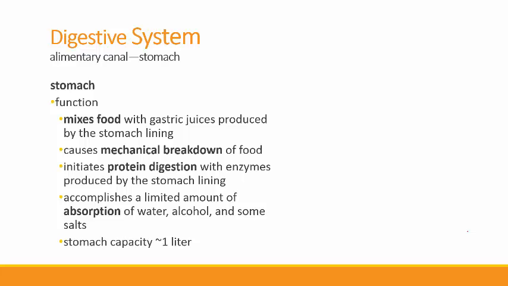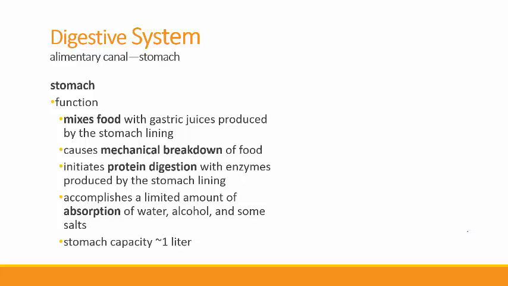As we begin some chemical digestion, it softens up the food material, and then as the stomach does its mixing motions, the rugae of the stomach can rub and further break down the food mechanically. It also is the place where we have the first round of protein digestion, thanks to the enzymes produced by the stomach lining.